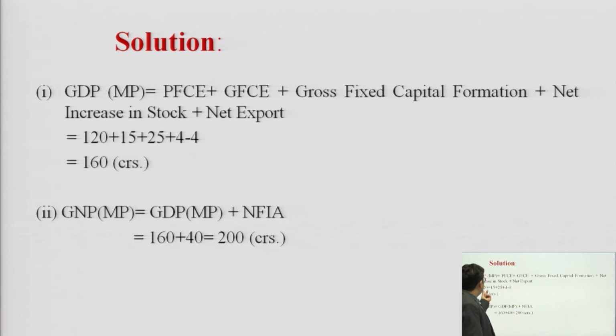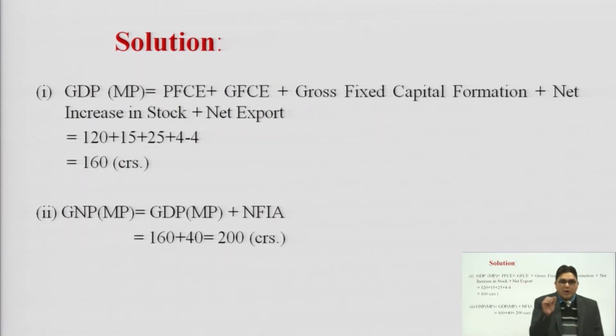So here it is 120 plus 15 plus 25 plus 4 minus the net import. So, this figure comes to 160 crore. Now, we just need to remember that by the expenditure method we will reach the value of GDP at MP.